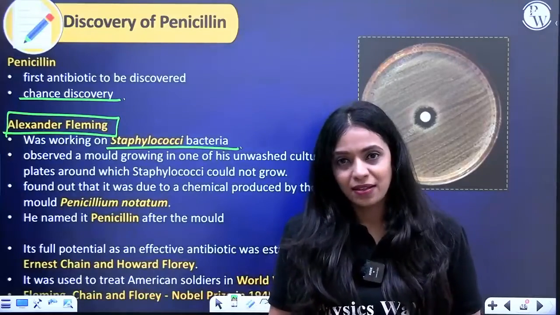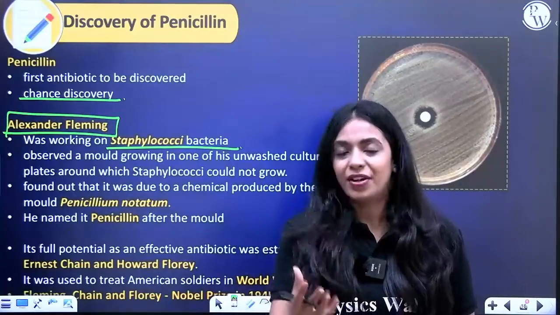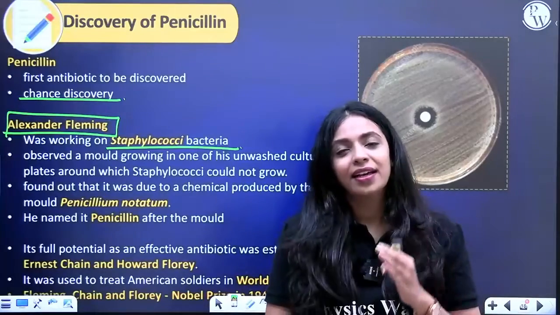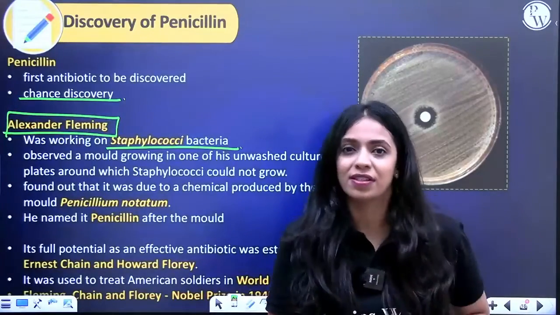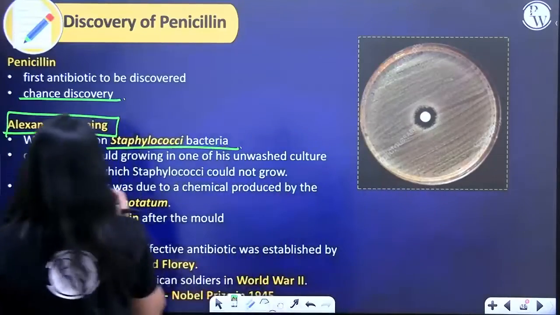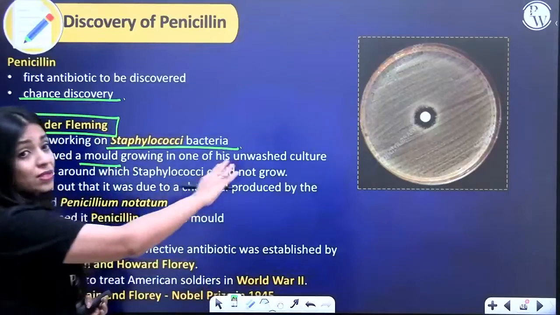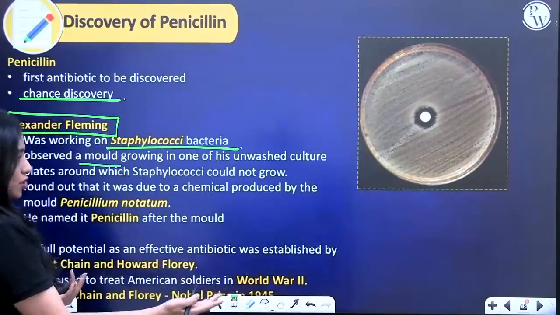For some reason, his petri plate that contained Staphylococcus bacteria got contaminated with a fungus. He observed that a fungus or a mold was growing in one of his petri plates that was not washed.